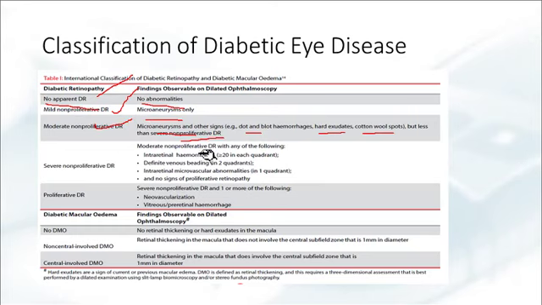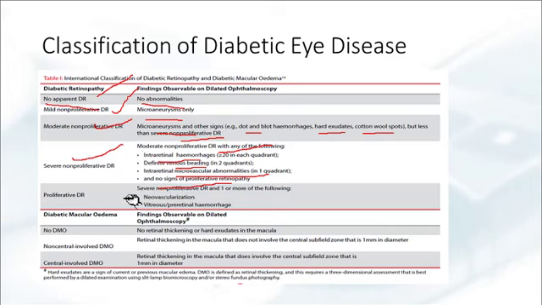If they have moderate non-proliferative diabetic retinopathy with either some kind of intraretinal hemorrhage, some kind of definitive venous bleeding, some kind of intraretinal microvascular abnormalities in at least one quadrant, and no signs of proliferative diabetic retinopathy, then they have severe non-proliferative diabetic retinopathy.